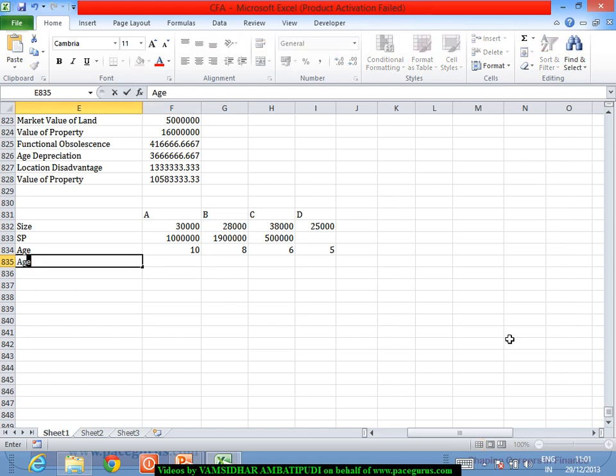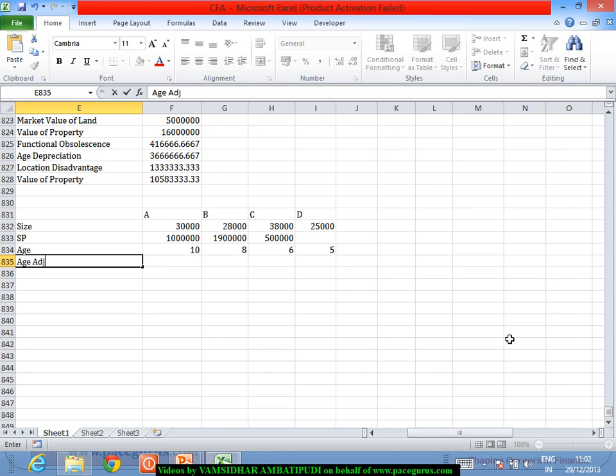So we will do an adjustment, because what we said in a sales comparison approach is, if all the properties which we are taking as comparables have the same characteristics as the property which we are valuing, what would be the appropriate price for them? So from that standpoint, we are finding that some of the properties, or in this case all the properties, are older than our property, so there should be some kind of an adjustment.